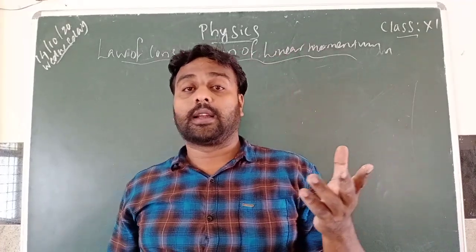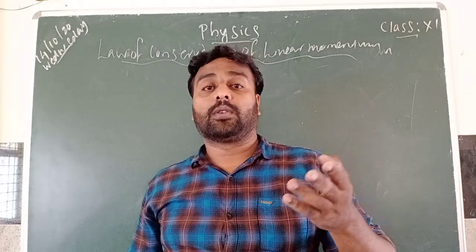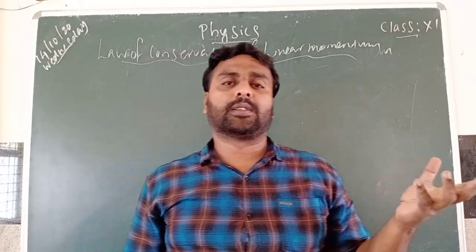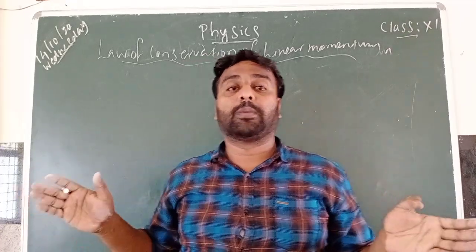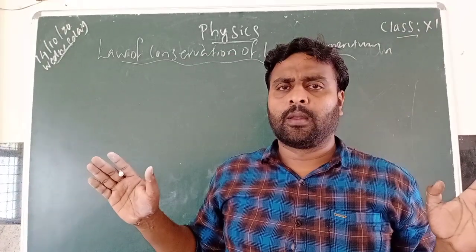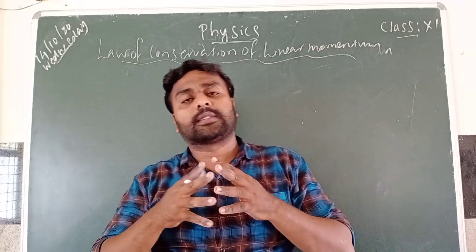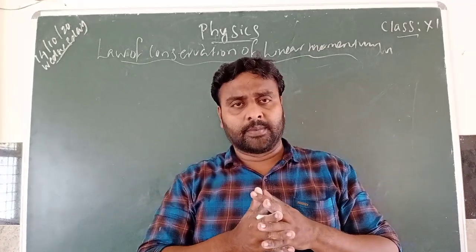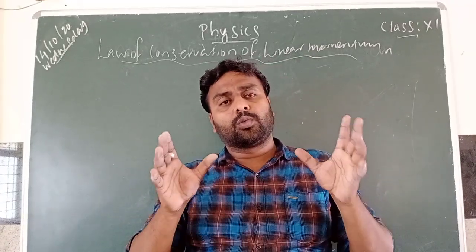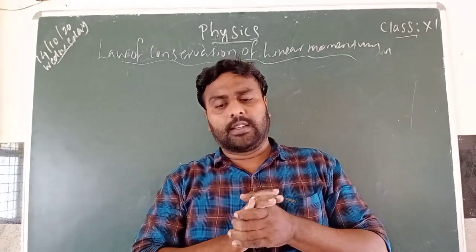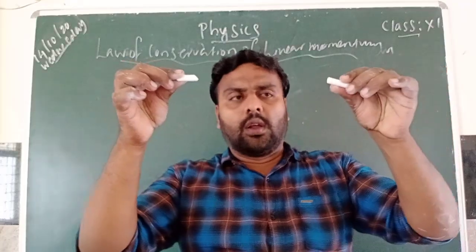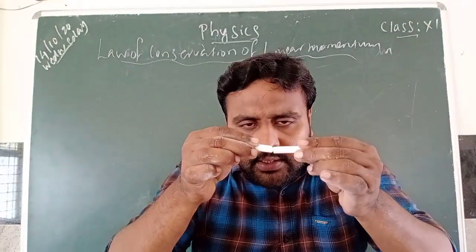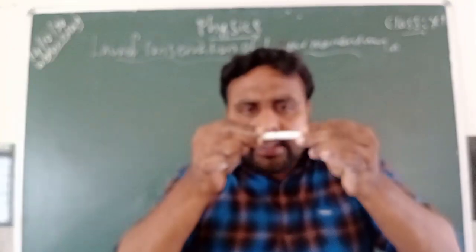You know Newton's second law: F is equal to ma, or you can use F is equal to dp by dt. So here we are using dp by dt, the momentum. Assume that two particles interact with each other, say these two chalks.